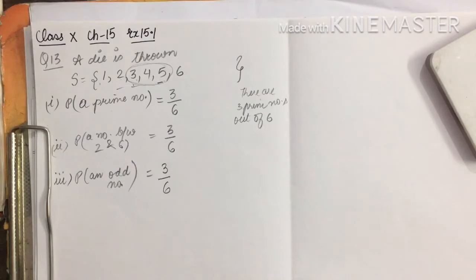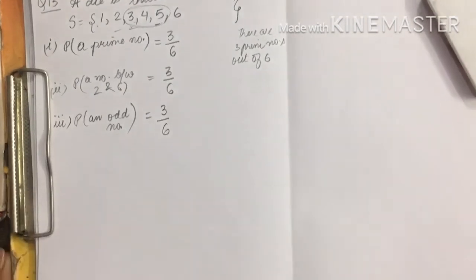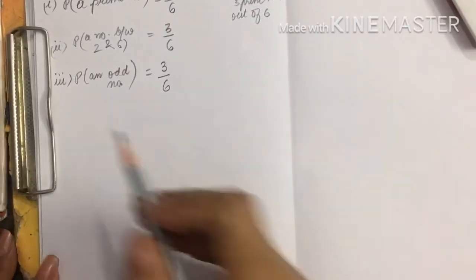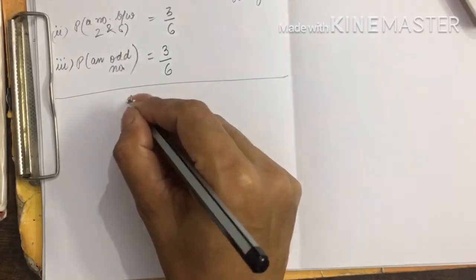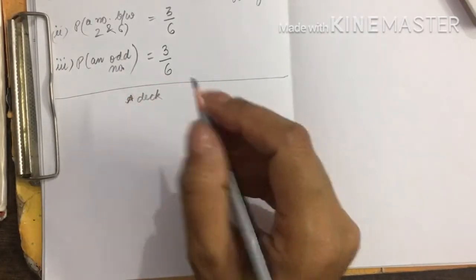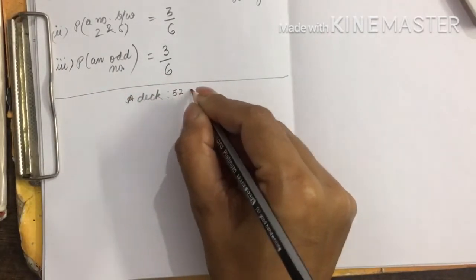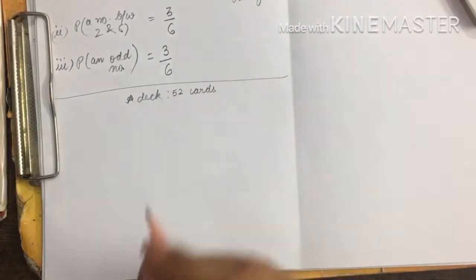That's why every time you will have a question based on playing cards, they will mention that the deck contains 52 cards and it is always well shuffled. So just revising, in a deck, a standard deck, it has 52 playing cards.